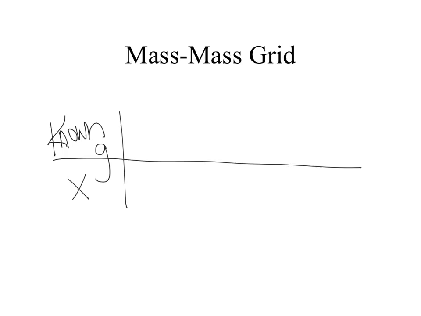But I don't want the mass of my known, so I've got to get it into moles. So we're going to use the molar mass of our known, and that's going to be in grams. Then we're going to have 1 mole, because our molar mass is grams per mole, and this is still our known.